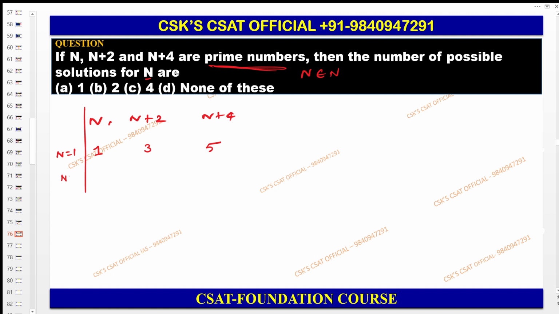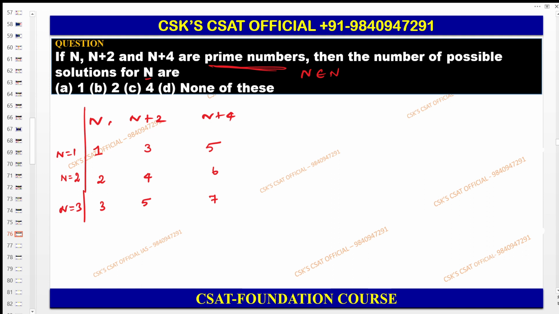Suppose if you are taking n is equal to 2, what will happen here? 2, 4, 6. So n is equal to 3, then 3, 5, 7.